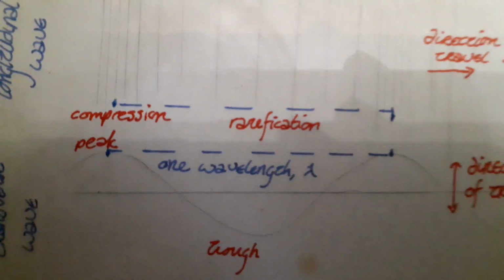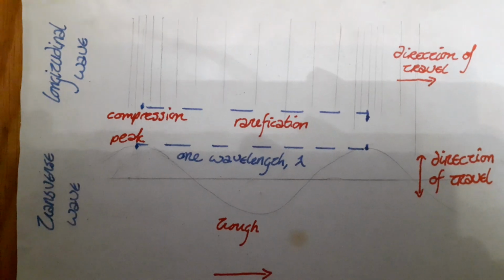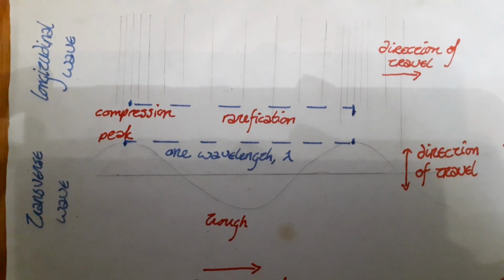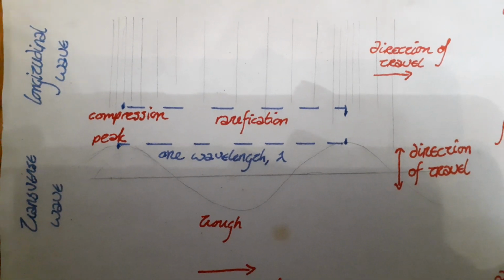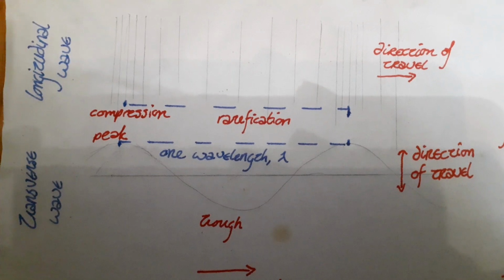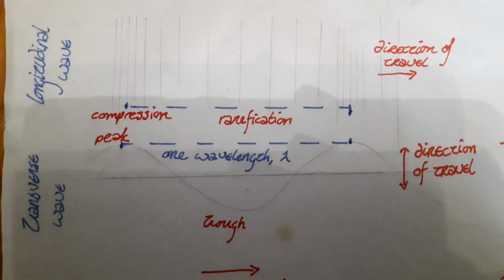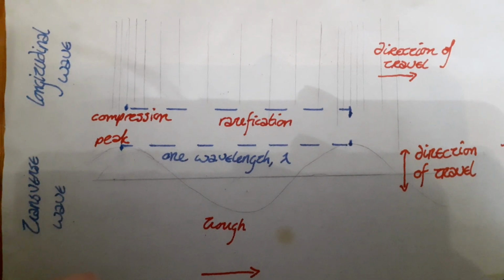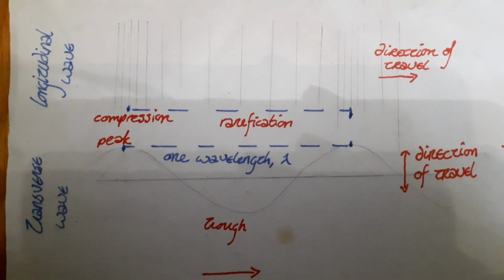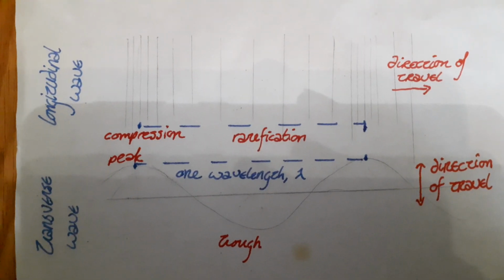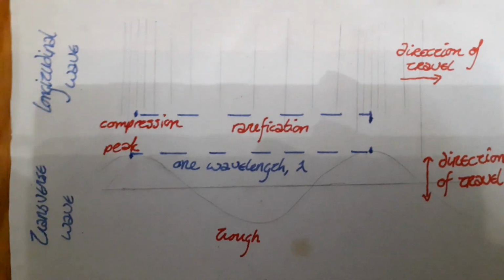So if we look at these, we've got some things in common. They've both got wavelengths, they've both got a direction of travel, and they've both got a speed and a frequency, but longitudinal waves need particles. Transverse waves don't. Now, I was saying about the speed of waves changing.